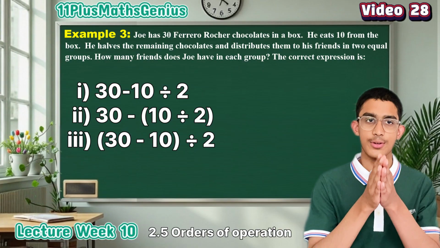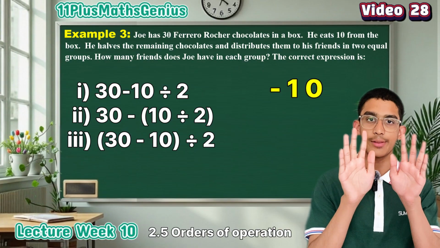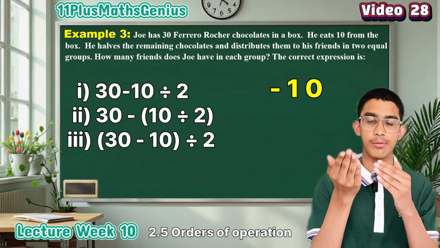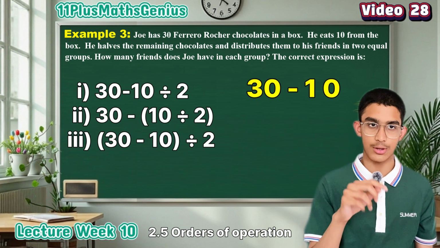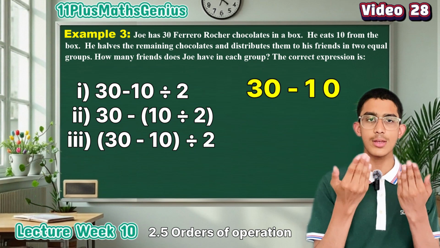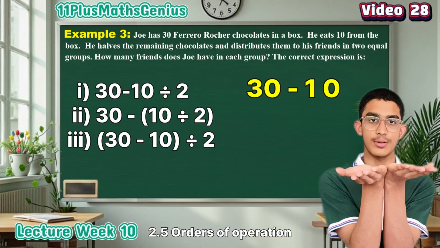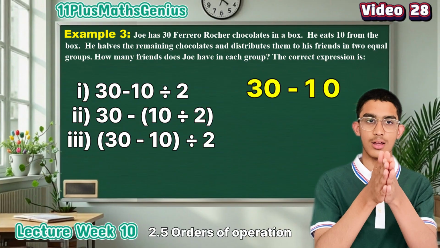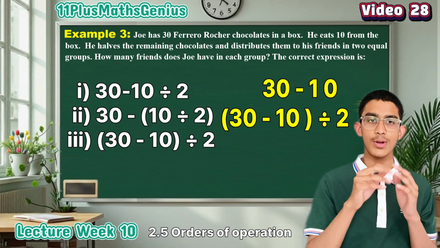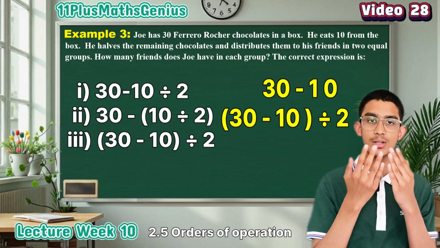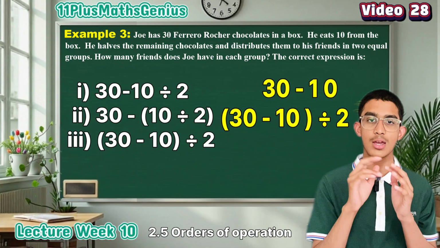Now, Joe eats 10 chocolates, so the remaining chocolates will be 30 minus 10. We do not need to work out because we are making an expression. Then he halves the chocolates, so the correct expression is, brackets open, 30 minus 10, brackets closed, divided by 2.